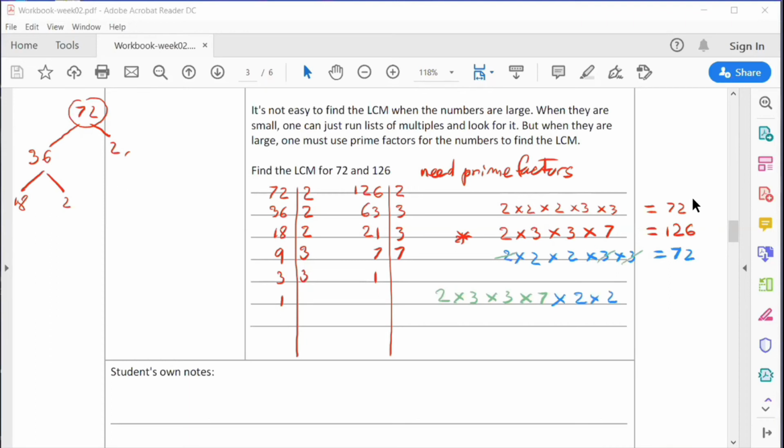That's it. Whatever is left. And now that gives me the multiple. So I get 504. So that's what it is.